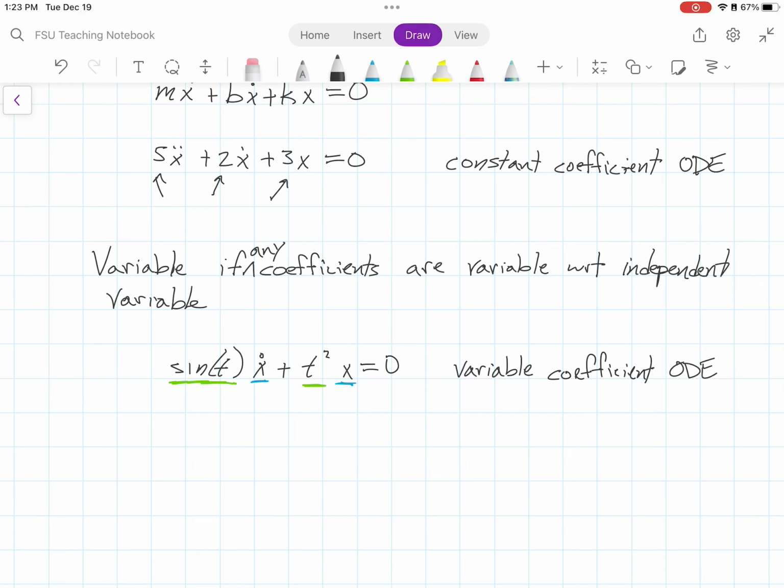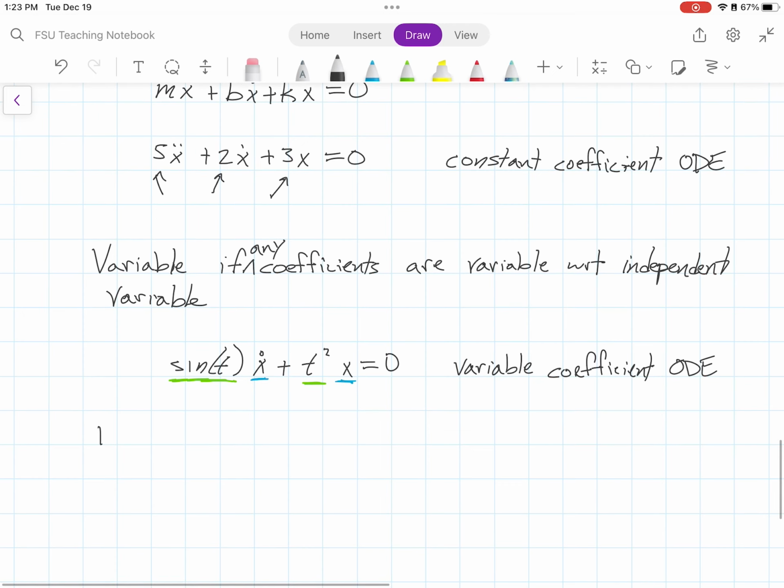And I'll throw in as well, the book has a periodic coefficient. And that is if any coefficient is either periodic with respect to time, so a trigonometric function like sine of t, like we have here, cosine, etc., or constant.